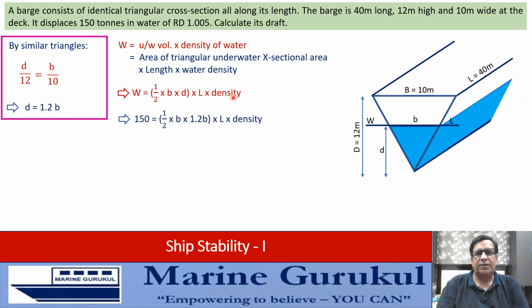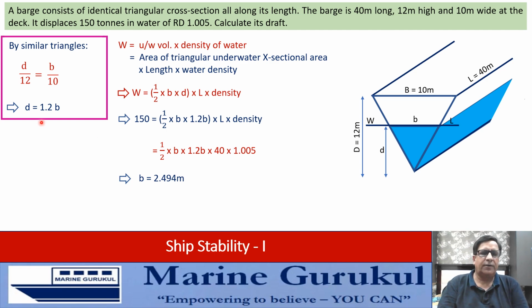So now we have the displacement of the barge given to us as 150 tons. We put the values of d as 1.2 b here and value of length and density, which are also known to us. When we put all these values, we get an expression in small b, and when we solve for it, we get the small b, which is the breadth at the water line, as 2.494 meters.